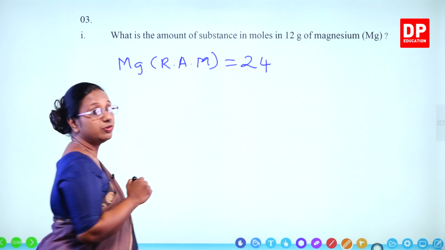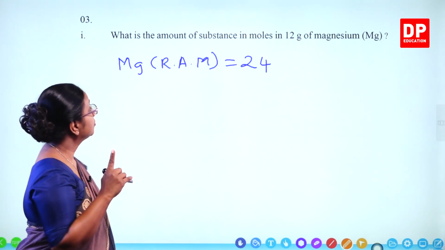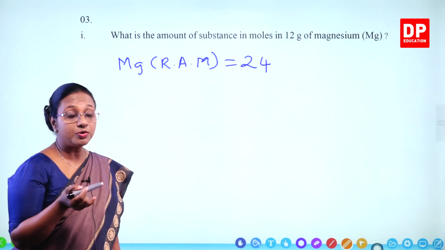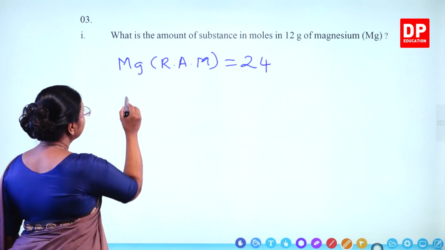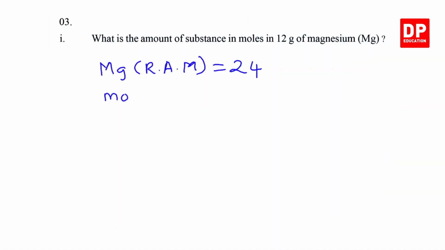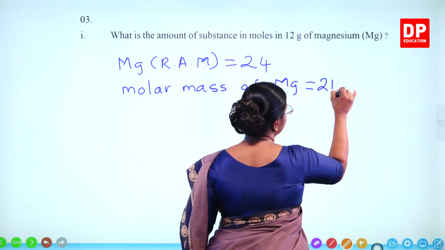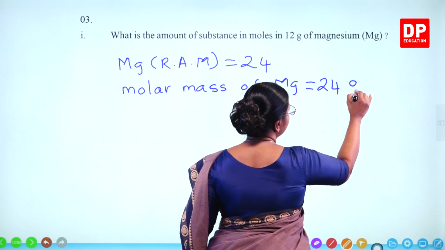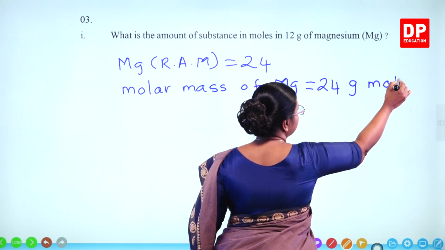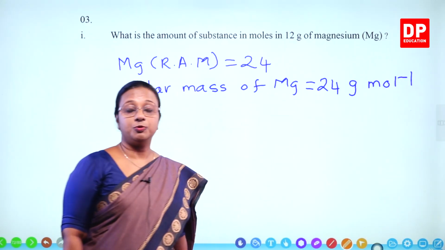It is given to you in your textbook. So if you are using it as the molar mass, it has to have the unit. So molar mass of magnesium, what is the difference? You have the same value 24, but you have the unit grams per mole.